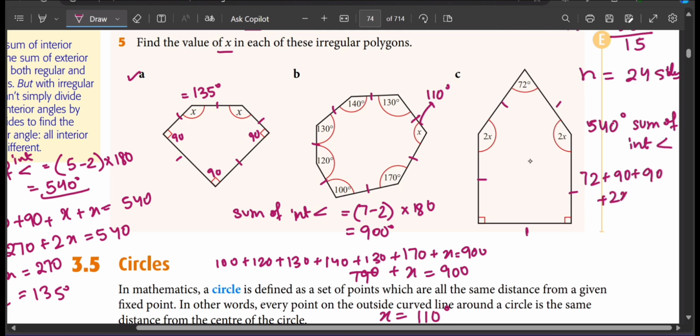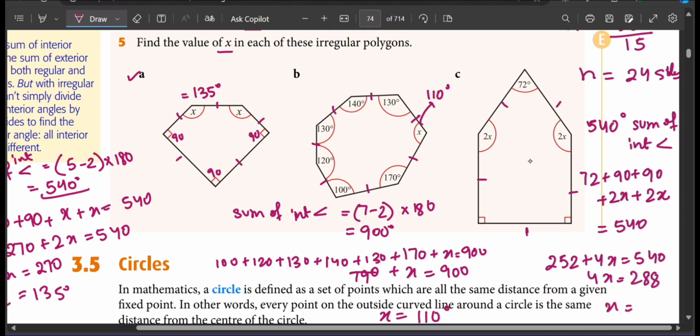This is going to be 540. So when we add 72 plus 90 plus 90, we get 252 plus 4x is 540. And 4x is going to be equal to 540 minus 252, which is 288. And finally, when we divide it by 4, we get x is equal to 72 degrees.